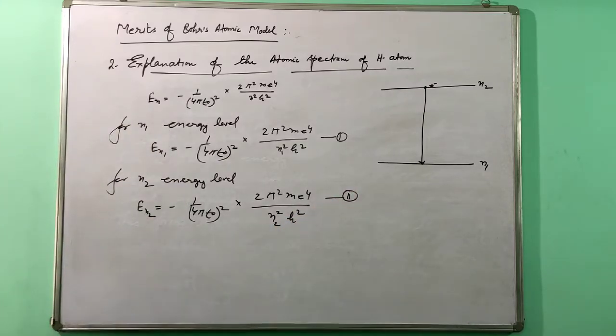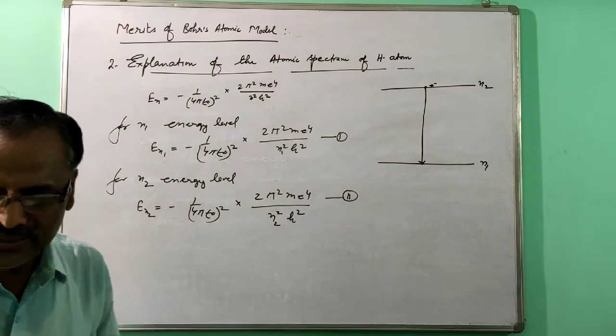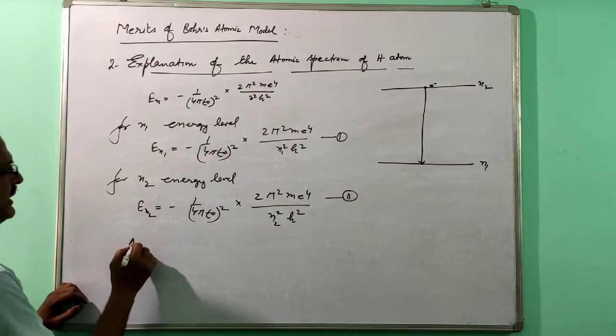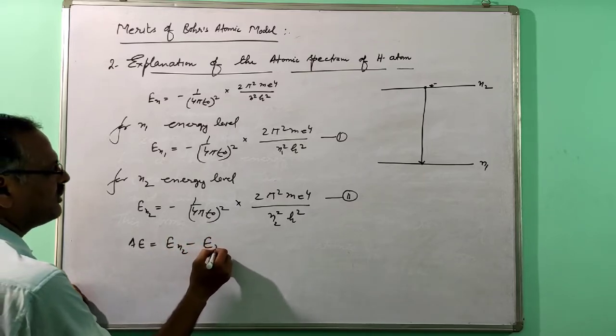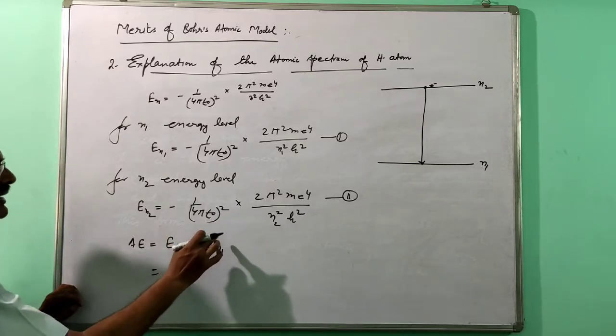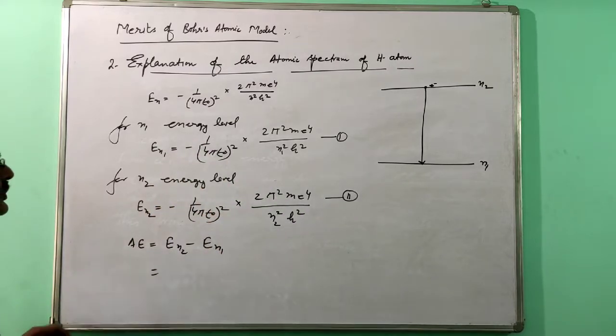Now the change in energy, delta E, is equal to En2 minus En1. The values you have written here you can put in.